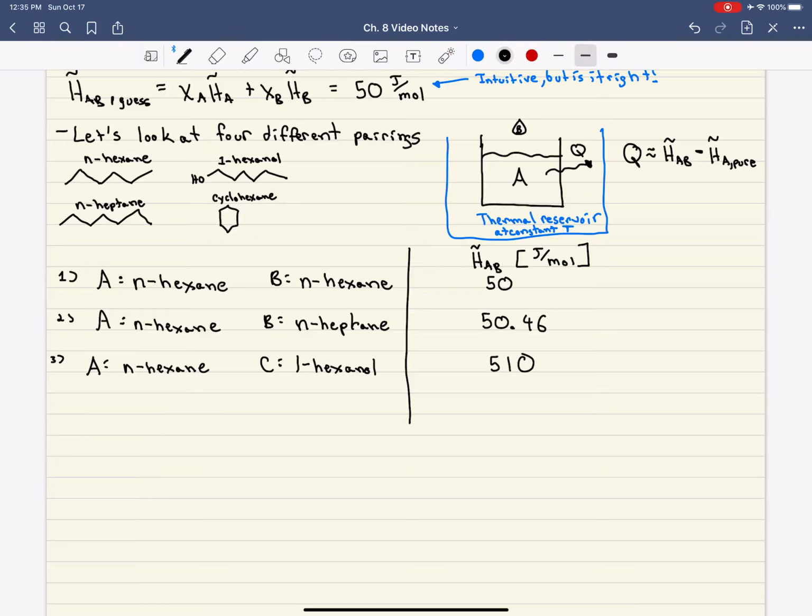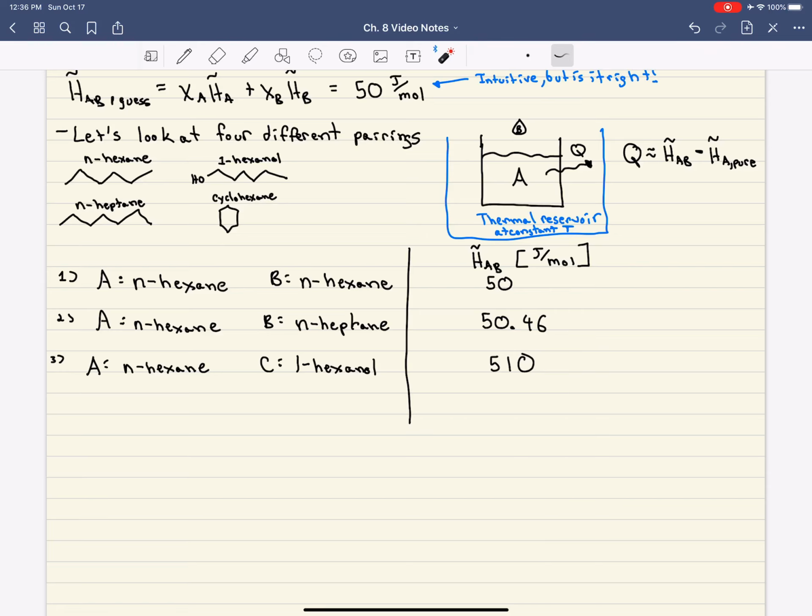And the reason for that is because N-hexane is just carbons and hydrogens, but the 1-hexanol has this hydroxyl group on the end. And these hydroxyl groups like to undergo things like hydrogen bonding. And so when that 1-hexanol is pure, those OHs can interact with one another.